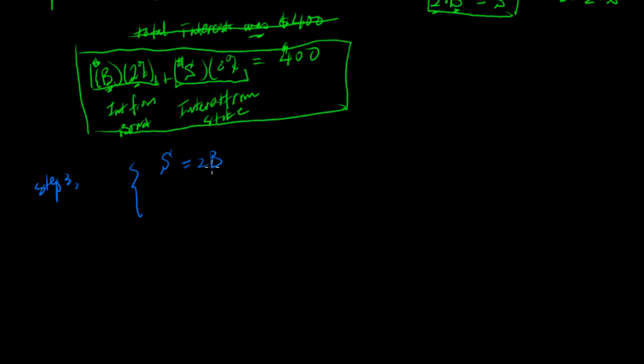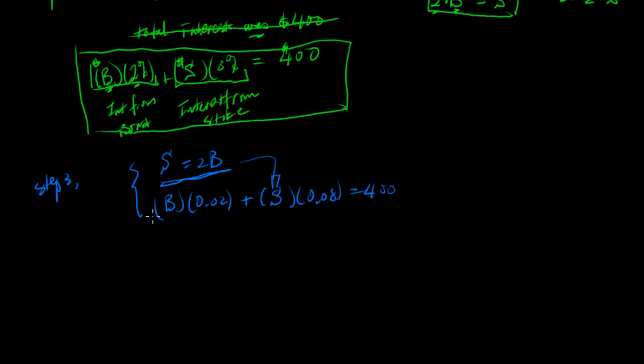Stock is twice the bond: S equals 2B. Bond times 0.02, now I've converted the 2% into the decimal, plus S times 0.08. I'll have $400 altogether. Obviously, we're going to use substitution. We're going to substitute S as equal to 2B into this one.